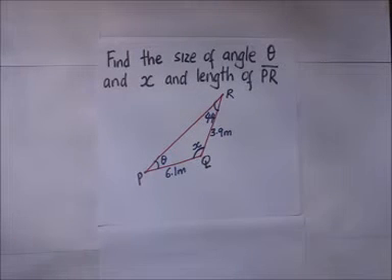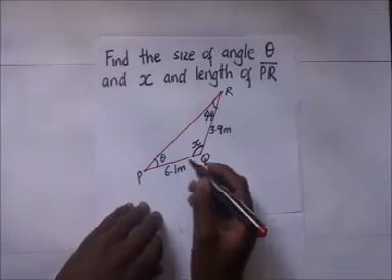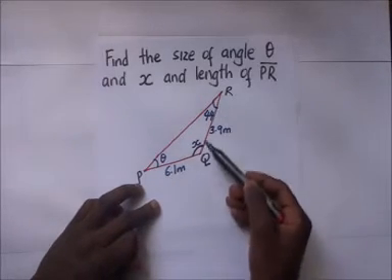So we'll begin by stating the sine rule, because the sine rule is meant to help us find the missing values. Here it is a line over the sine of the angle opposite it.